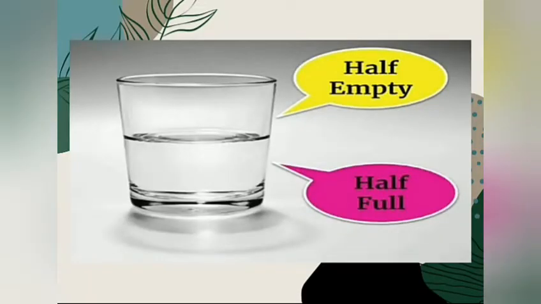Look at this picture. Some persons will regard this glass as half full, while others will see it as half empty. It all depends on the perspective of the viewer.